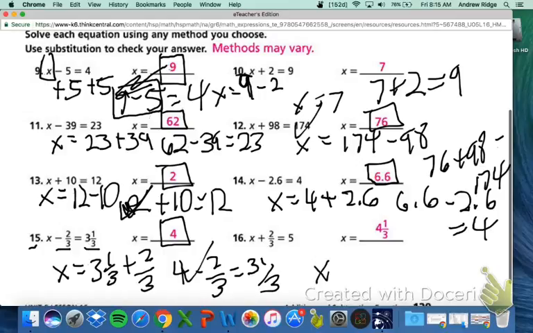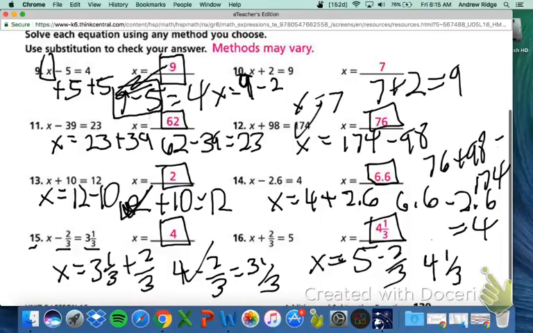Then we have x plus 2/3 equals 5. So we want to do the inverse. X equals 5 minus 2/3, which is 4 1/3. We sub that back in. 4 1/3 plus 2/3 is equal to 5, so that also checks. And so we're done with side 1.